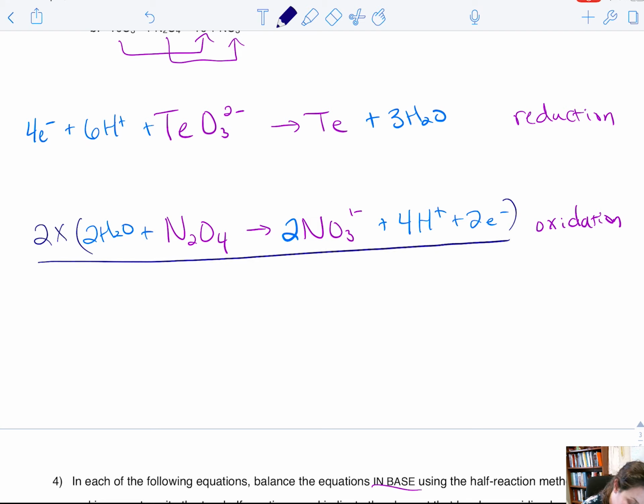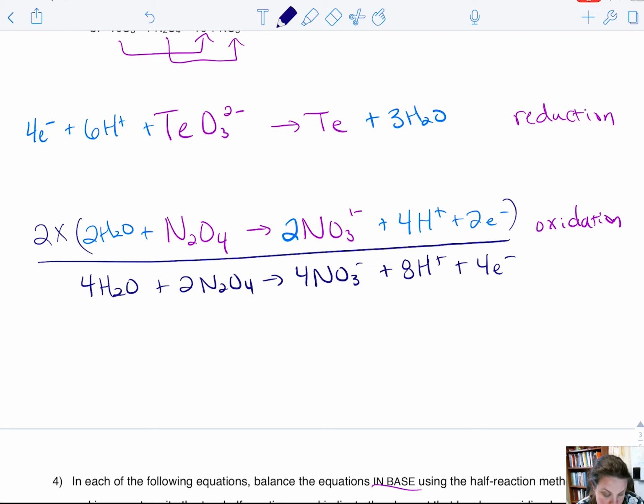That'll give us 4 H2O plus 2 N2O4 goes to 4 NO3- plus 8 H+ plus 4 electrons. We're going to combine that with this equation.